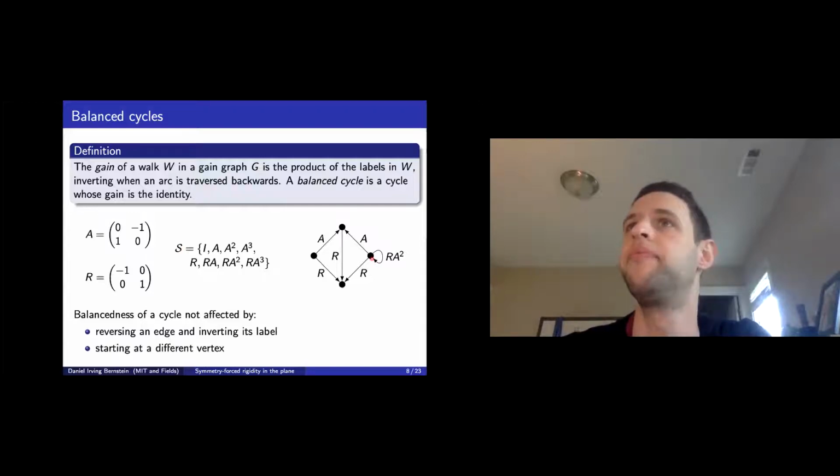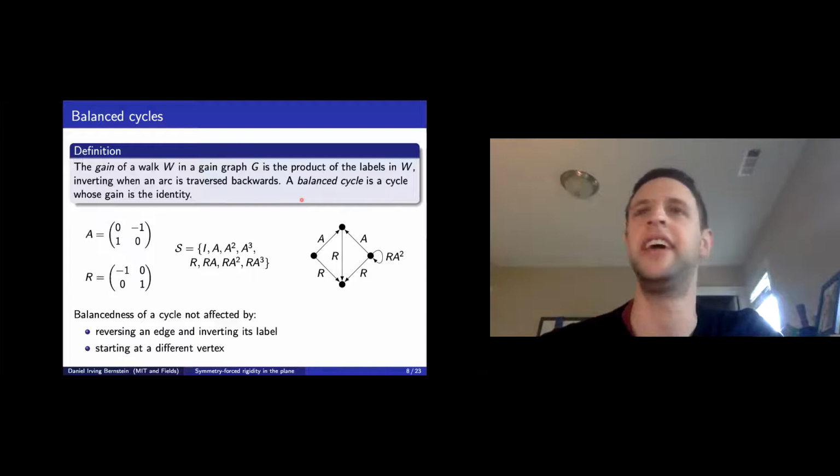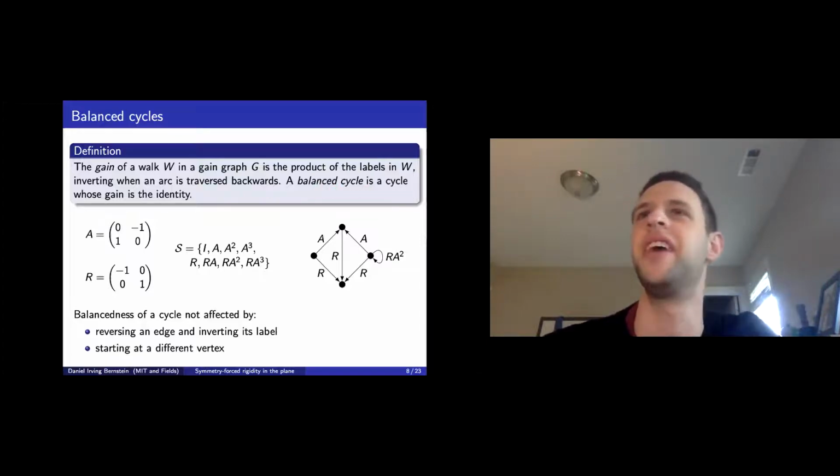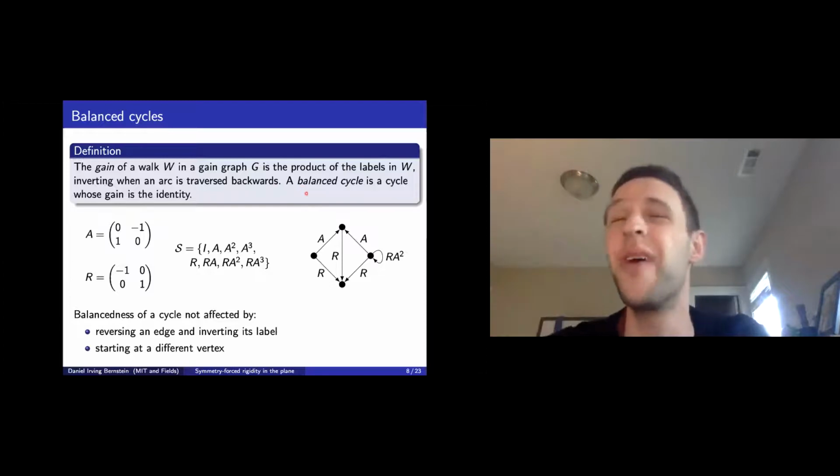And a balanced cycle is a cycle whose gain is the identity. I am being a little abusive with the notation here because a cycle by itself is not a walk. I didn't specify a starting point and a direction, but let's just look at an example.